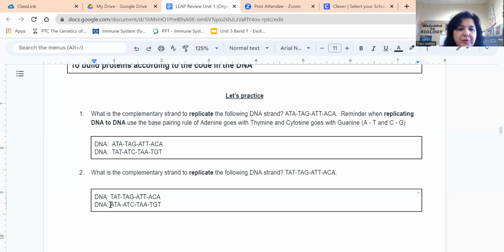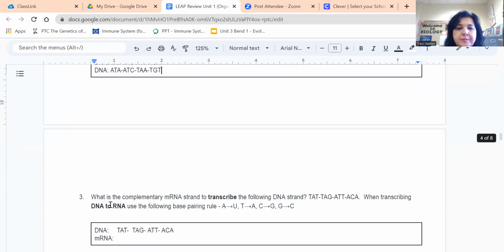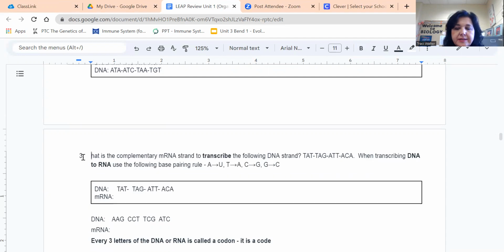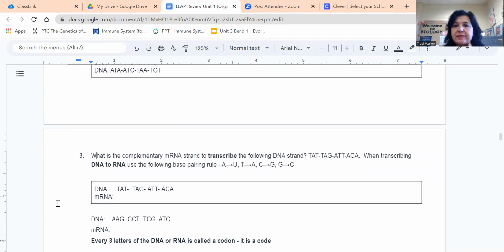Okay, so let's go on to protein synthesis now. And remember that the first step in protein synthesis is making the RNA, which is called transcription. So, for number 3, we're going to transcribe the DNA strand that you see here.